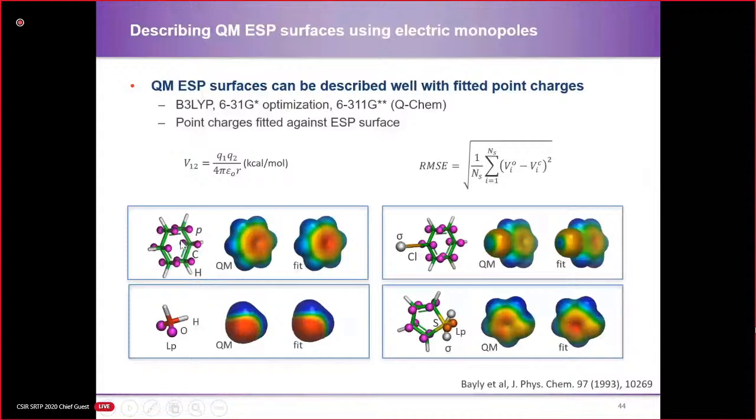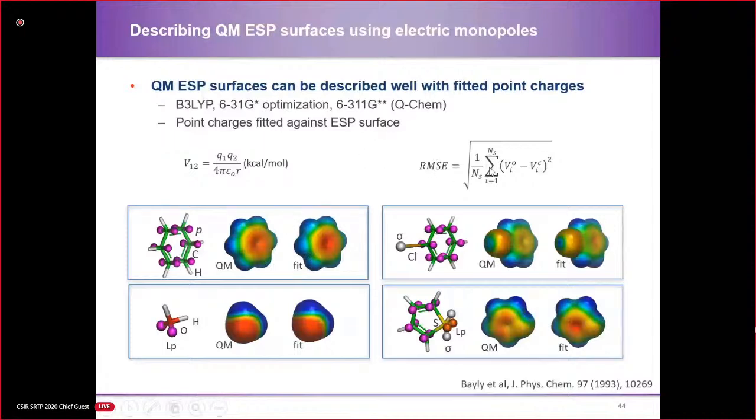So basically, one number tells how much charge you have, and then you fit those numbers in here, and then you calculate the surface here, and you can compare, and they look quite the same, I would say. There are some differences which you can calculate. If you take a difference of these two, you get the root mean square error in the prediction, and then you can see how good your model is.